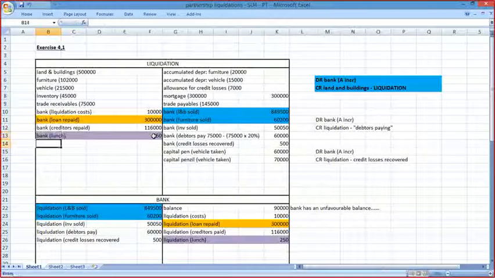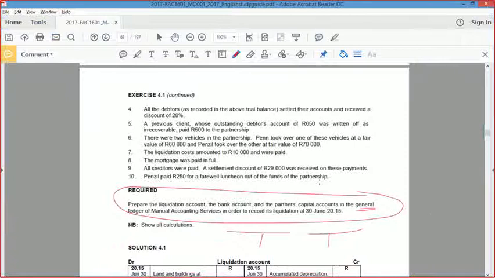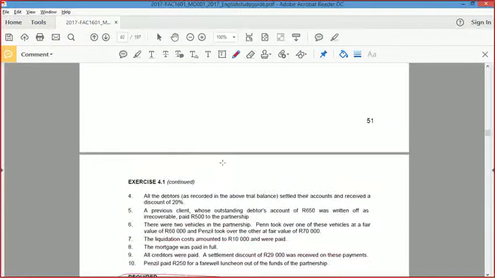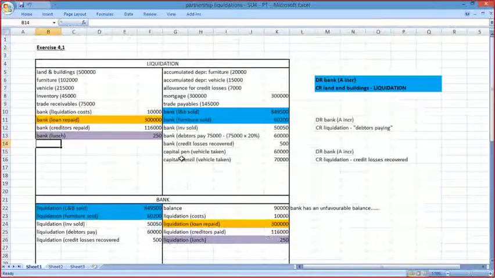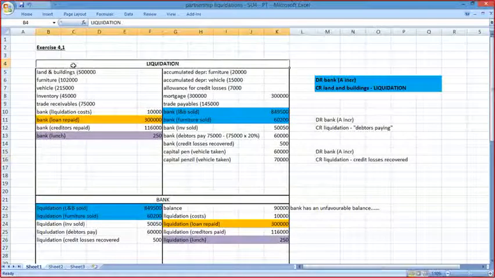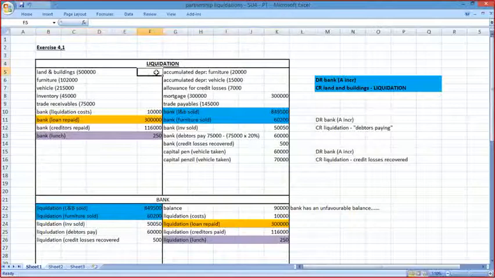All right, so now we've looked at the entire question. Let's go back and see. We've covered everything. So the last bit is just to close off your accounts. If we go back to our workings, I'm looking at liquidation. Let's balance the account. 500 here, 102, 215, 45, 75.